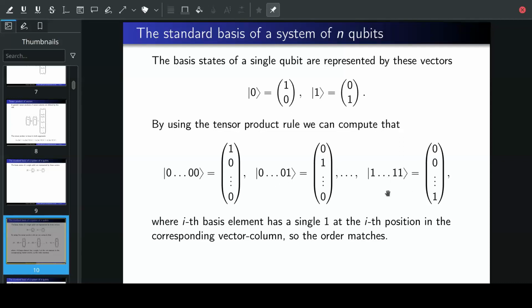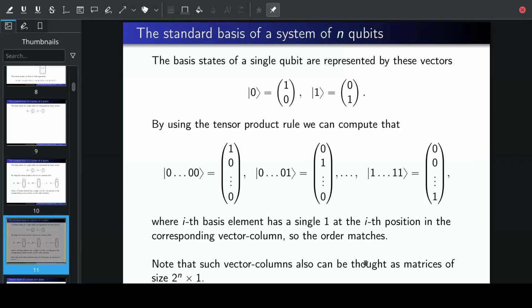And so the order that I introduced before of these states actually matches the natural order of these vectors. Note that such column vectors also can be thought of as matrices of size 2 power n times 1.